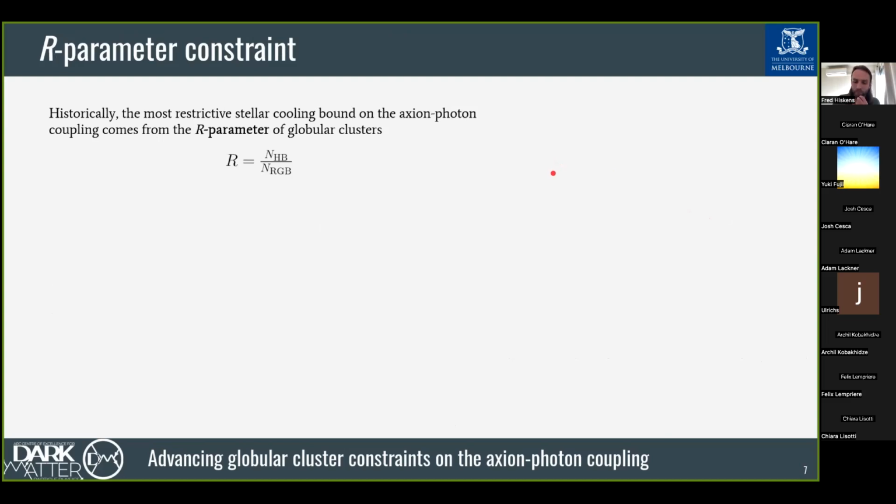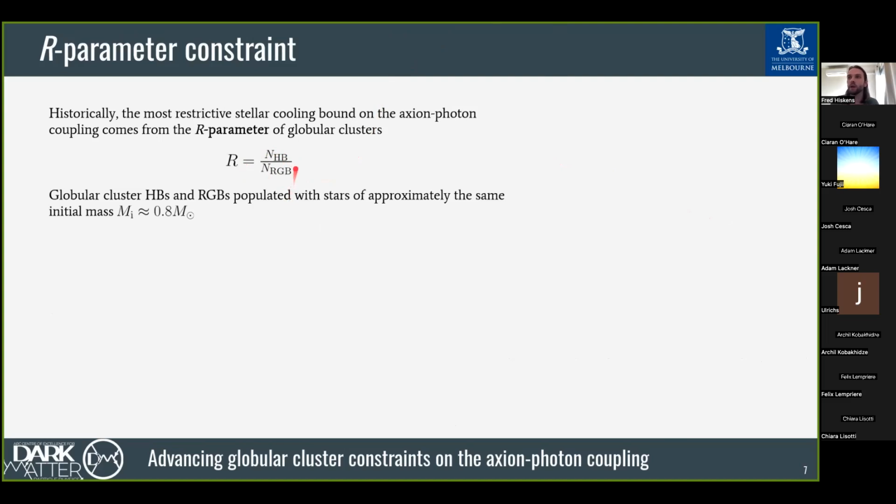Okay, so historically, the most restrictive stellar cooling bound on the axion-photon coupling comes from the R parameter of globular clusters, where globular clusters are just large gravitationally bound collections of old metal poor stars. And so this R parameter is the ratio of horizontal branch to red giant branch stars in those globular clusters.